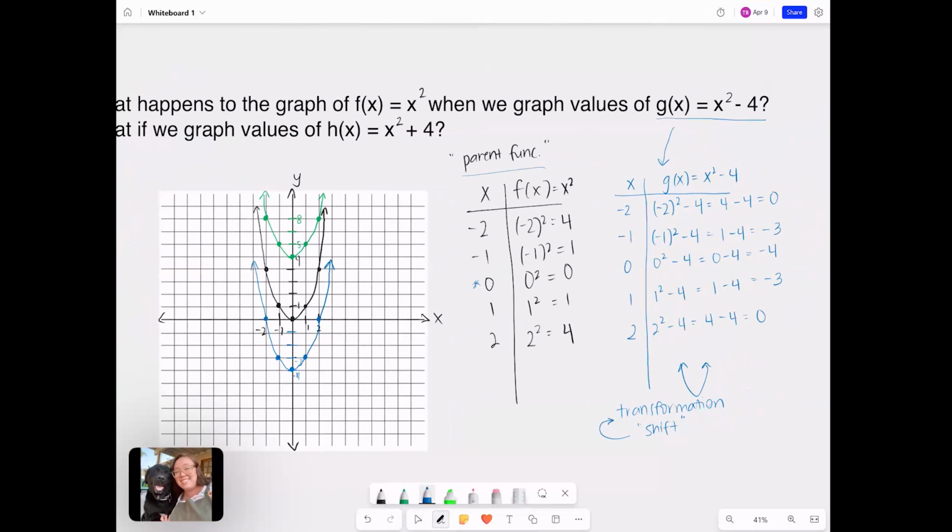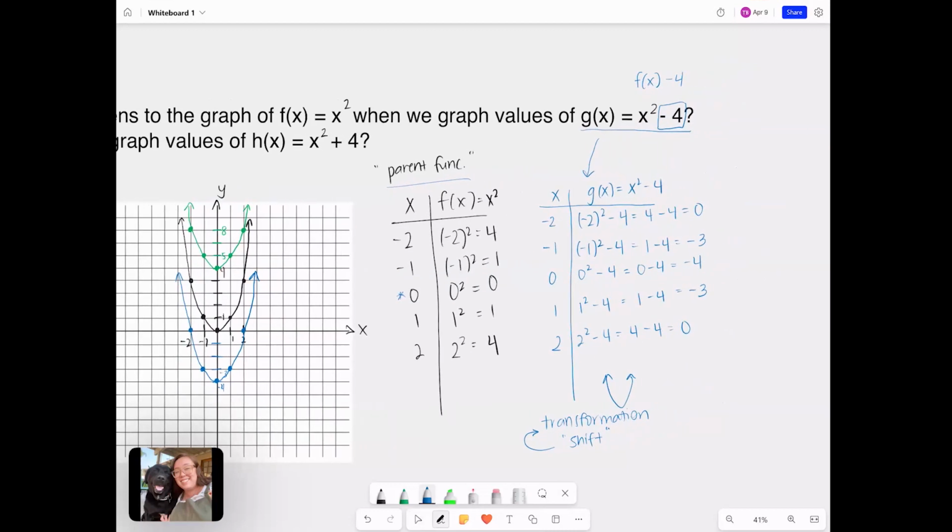This is subtracting 4 after the original function. So this is essentially f of x minus 4. And the result, compared to this example, was everything shifted down. That's the word we're going to be using here. Shifted down 4 units.